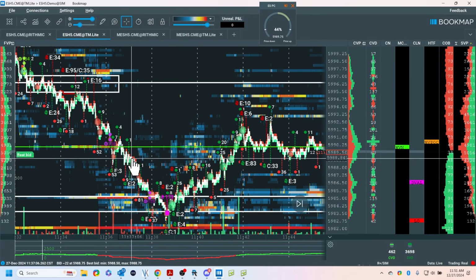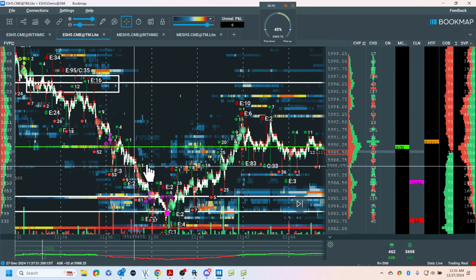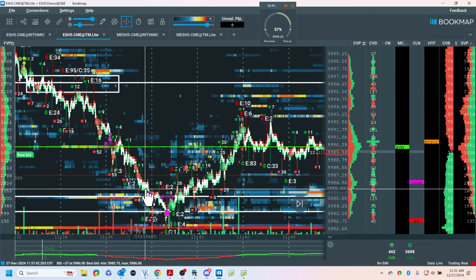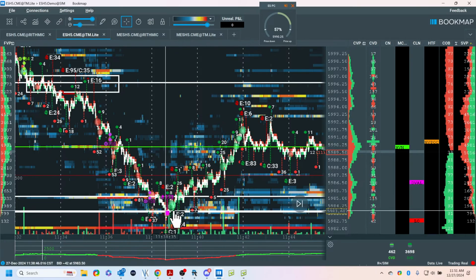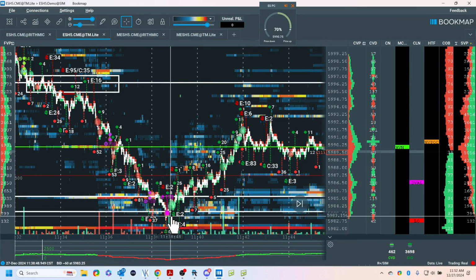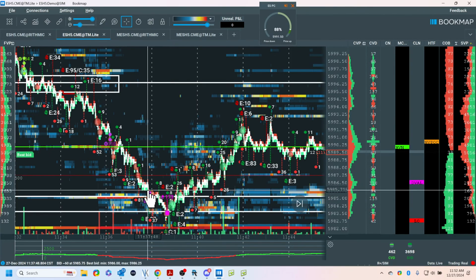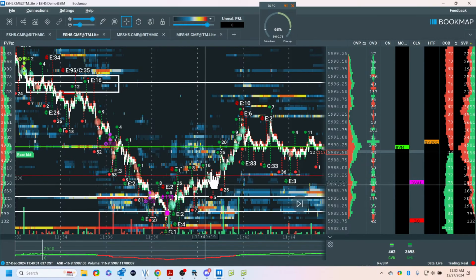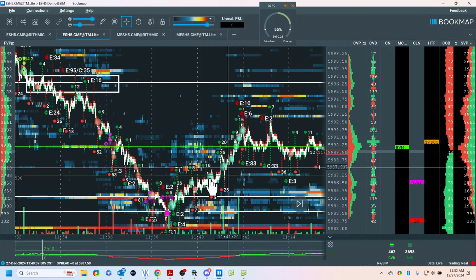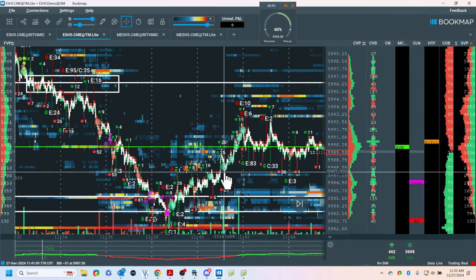High volume is there. Break low. Resistance. High volume is here. Break low. Resistance. High volume is here. Break high. Resistance. Break high. Support. Break high. Support. See it?